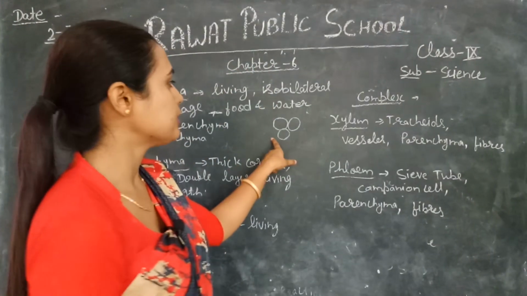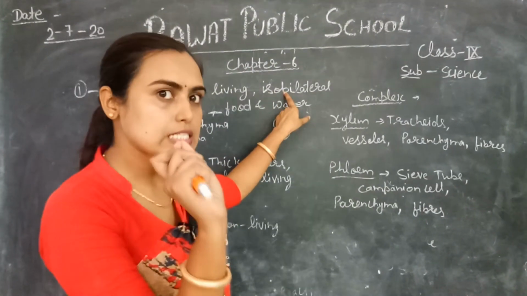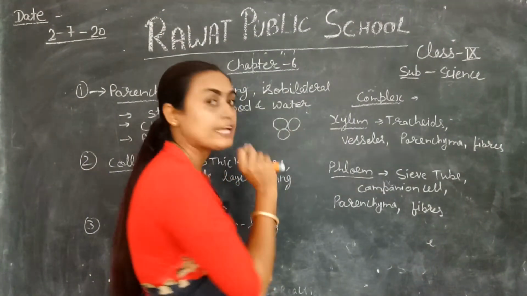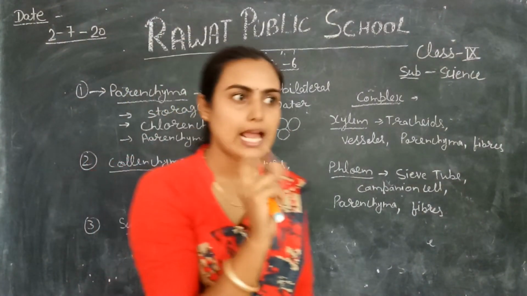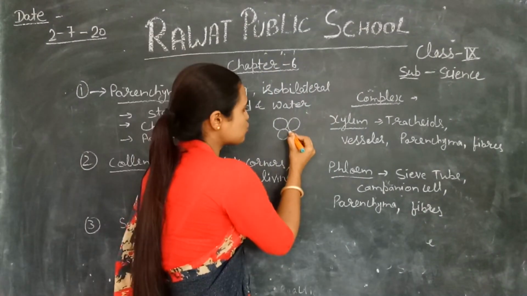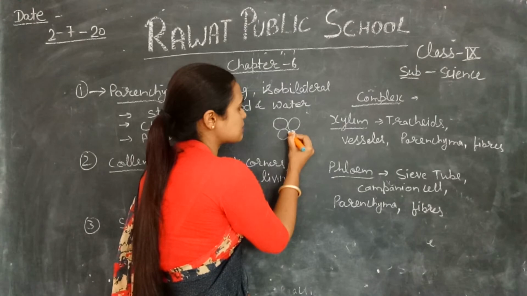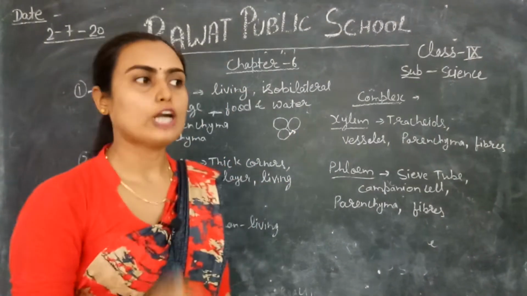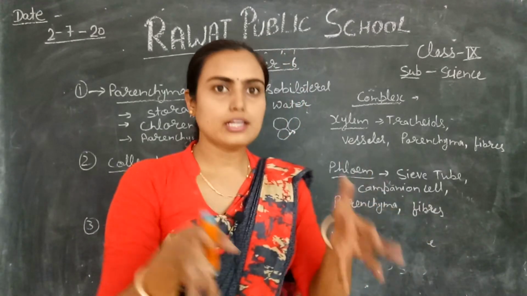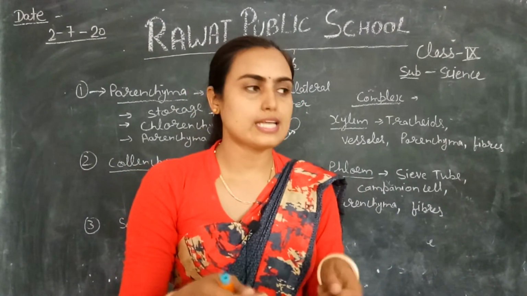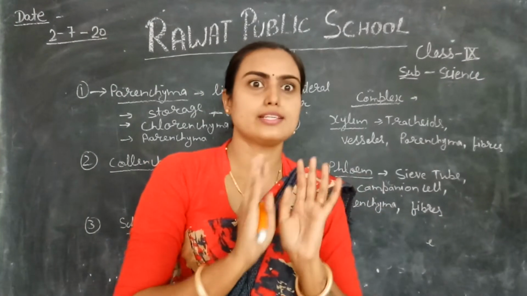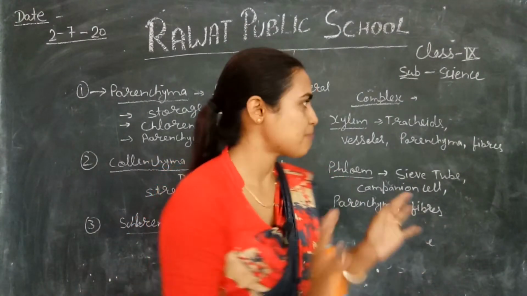One more important thing is the distance between the cells. The distance between two cells is called inter. Inter means between two different cells, and intra means within the same cell. So the distance between two different cells is called intercellular space. The intercellular space is absent in the case of parenchymatous tissue.